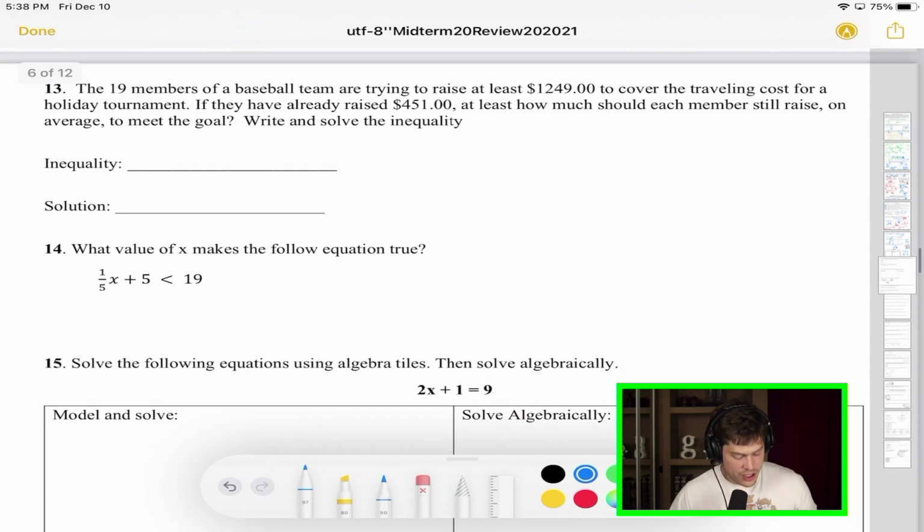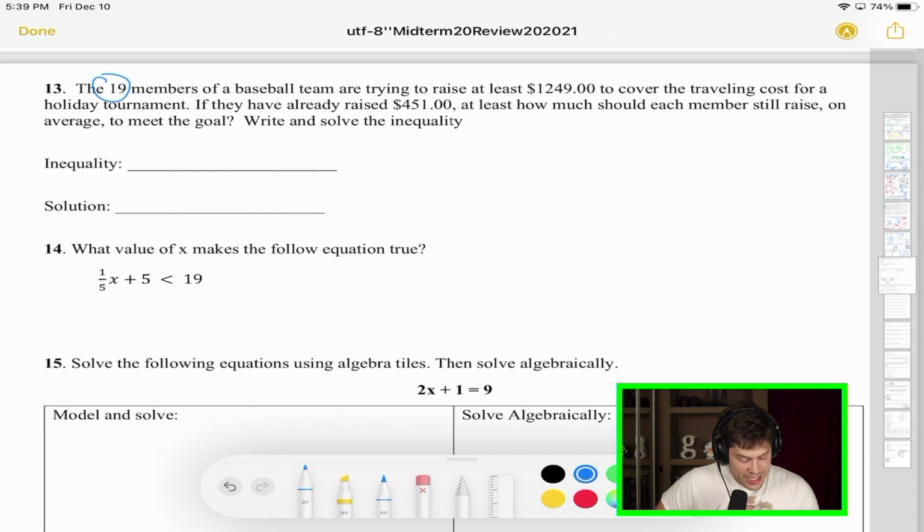Okay, number 13. The 19 members of a baseball team are trying to raise at least $1,249 to cover the traveling costs for a holiday tournament. If they have already raised $451, at least how much should each member still raise on average to meet the goal? So there's 19 members.